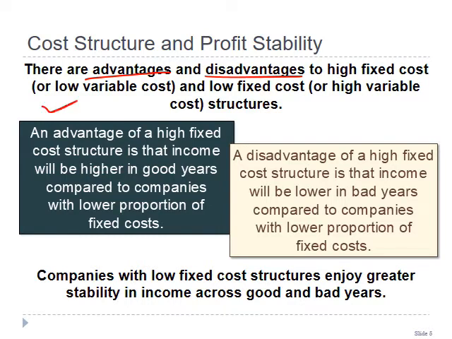A disadvantage of a high fixed cost structure is that income will be lower in bad years. Why? Because there is a huge fixed cost and your sales are low, your variable cost will be lower as well, so your contribution margin will be lower and your fixed cost will be high. You will definitely get a loss or low income in bad years.